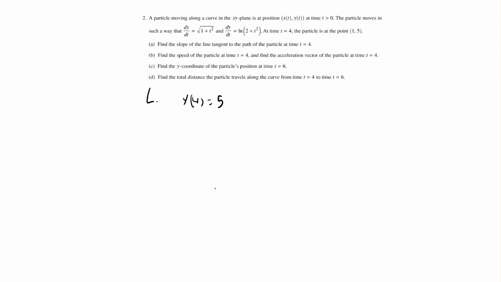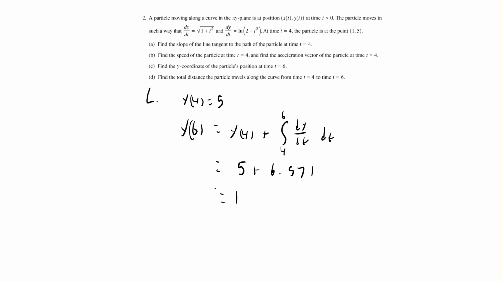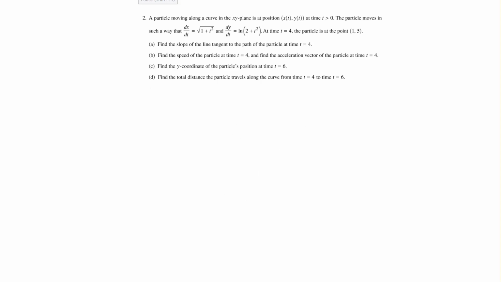And because of the fundamental theorem of calculus, we know that y of 6 equals y of 4 plus the integral from 4 to 6 of dy/dt, which equals 5 plus 6.571, and that gets you 11.571 as the y-coordinate of the particle's position at time t equals 6.